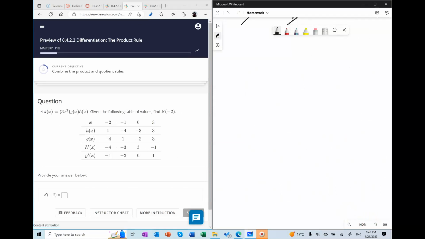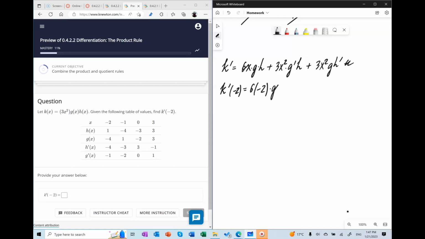We have another one similar, so I'm going to try to be very efficient here, and derivative of k is derivative of f, so it's going to be 6x times g times h plus 3x squared g prime h plus 3x squared g h prime. And now that we're evaluating it at -2, we get this.